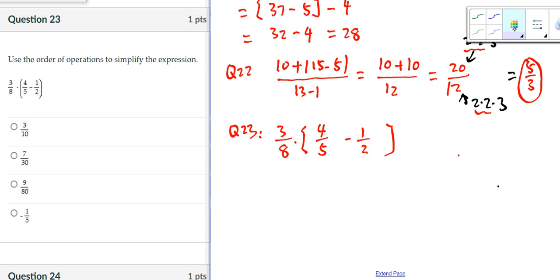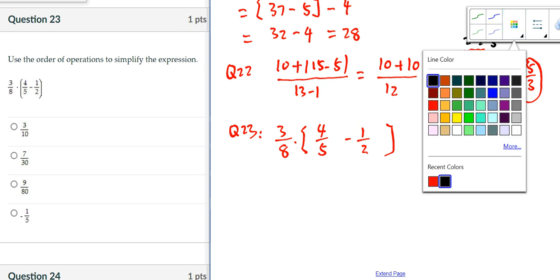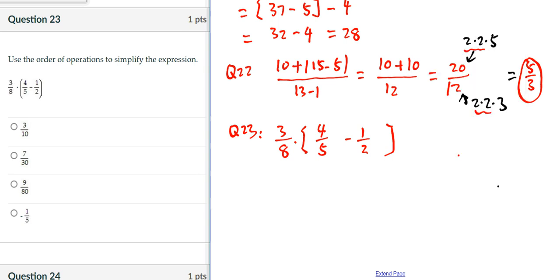So inside is 2. Denominators are not the same, but we need to make it. So this one 5 needs 2, and this 2 needs 5. That's it. Very easy.